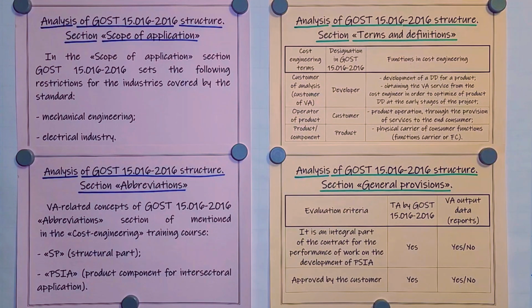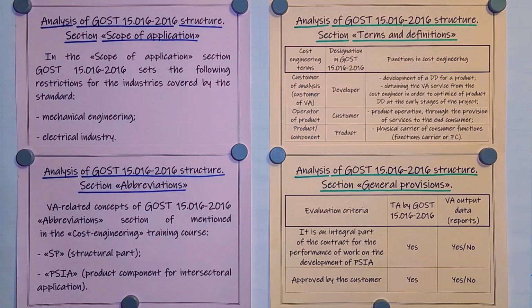Then I will limit myself to a brief review of individual sections of the document in order to determine the presence or absence of elements interesting from the point of view of the criteria outlined above, allowing some parallels to be drawn with the approaches used in value analysis.